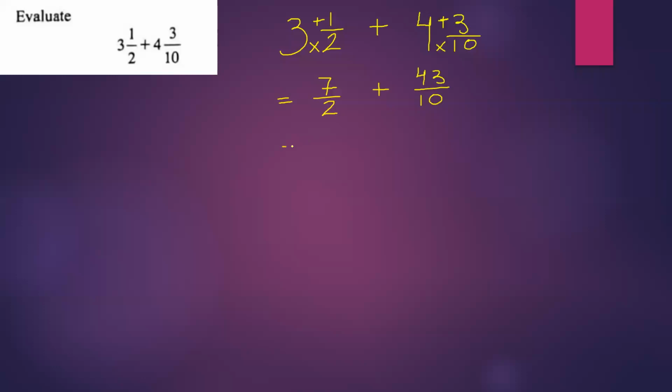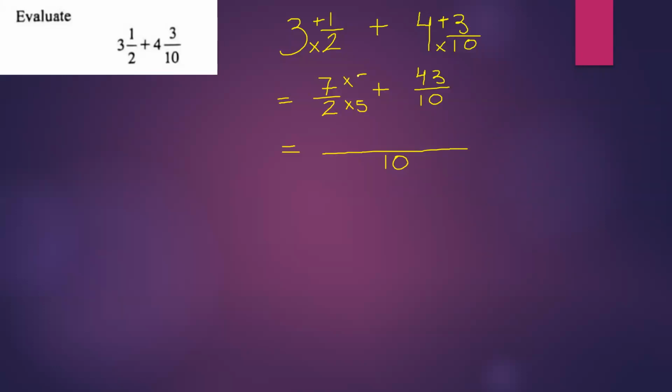All right, what's the lowest common multiple of 2 and 10? 10. What times 2 gives us 10? 5.